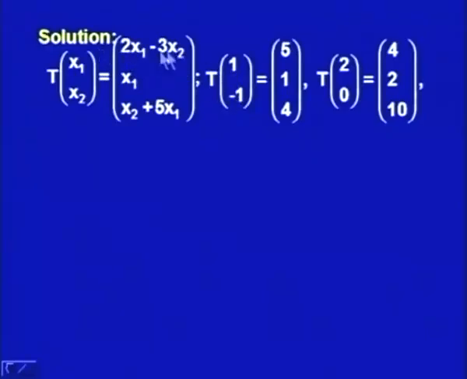So, 2x1 - 3x2 is 5, x1 is 1, and x2 + 5x1 comes out to be 4. The second vector (2, 0) will map to (4, 2, 10) in R3, since x1 is 2 and x2 is 0, when we substitute it here.